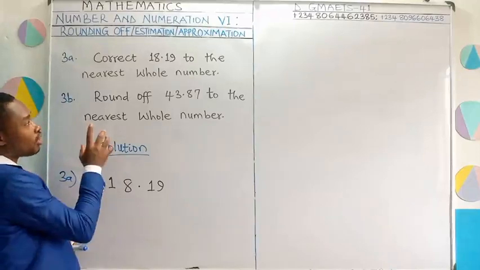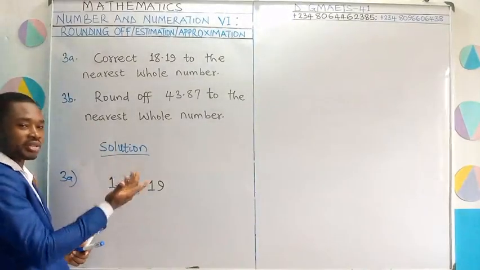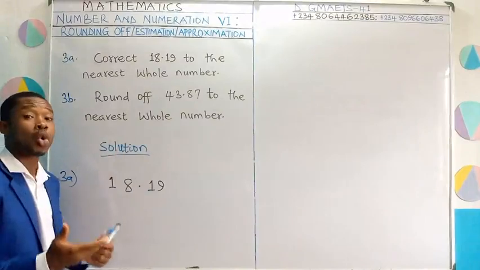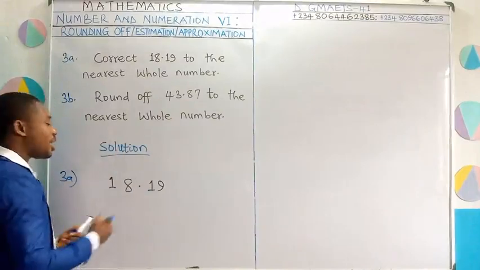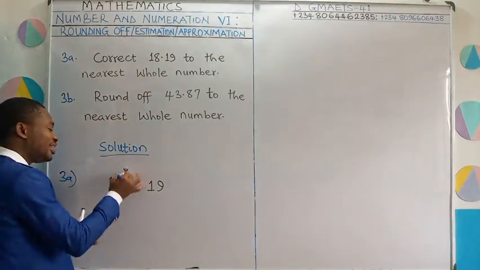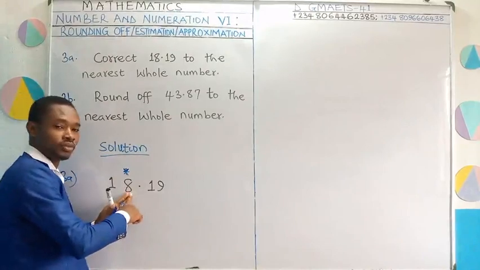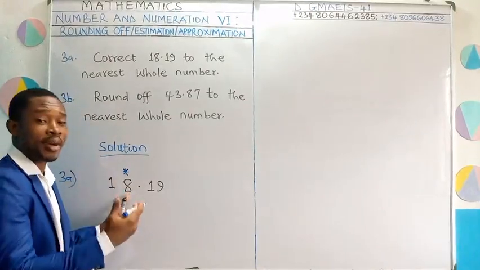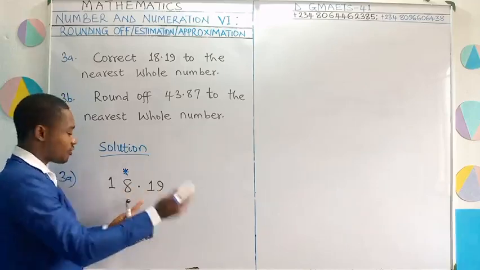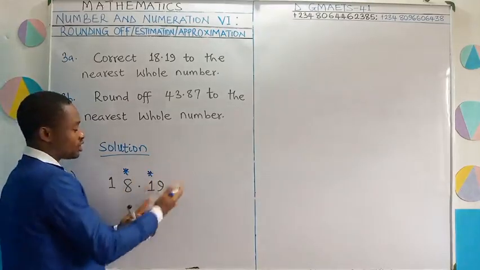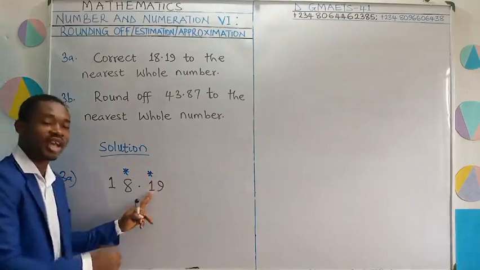Now, I am to round off or correct, as the question said, into the nearest whole number. And so it means that I will be interested in the unit's place value. This is where I'm rounding off into. Now, from which place value am I rounding off from? Of course, you know it is the one just on its right hand side, which is tenths.